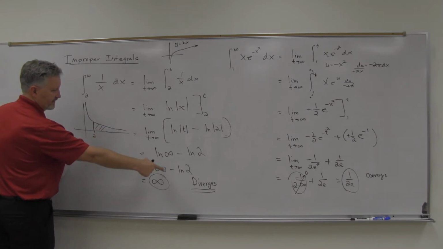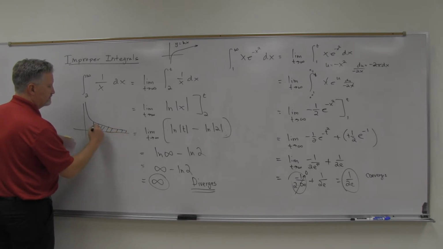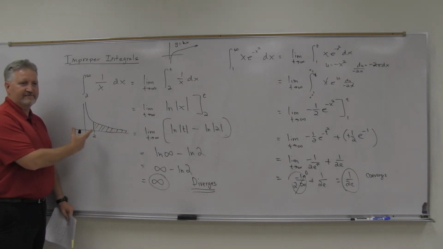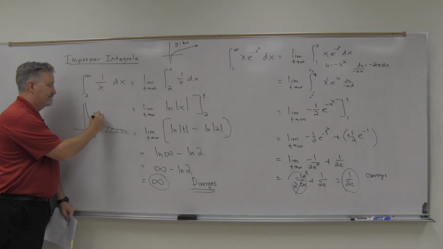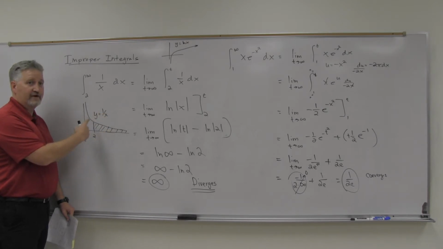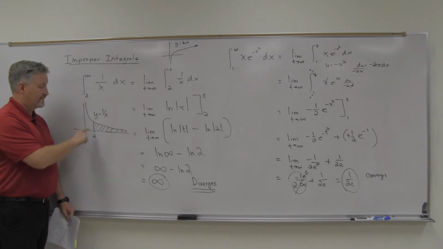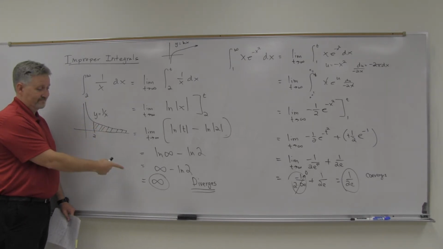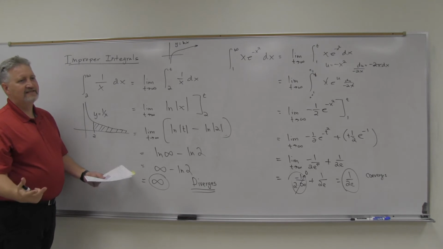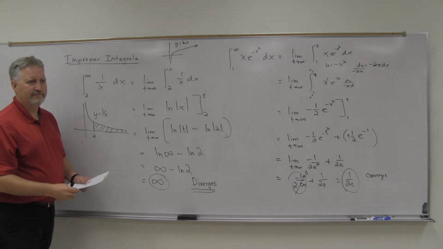But that's real similar to the graph of 1 over x squared, isn't it? Which is 1 over x squared, that area is 1. What's this area? It's infinitely large. Kind of strange, huh? Kind of weird, but that's the way it works.